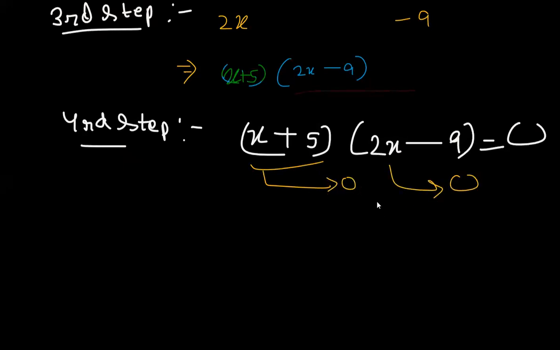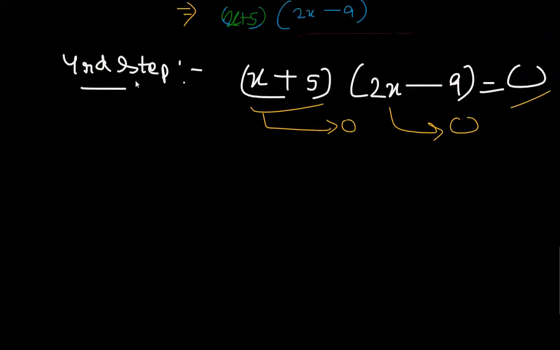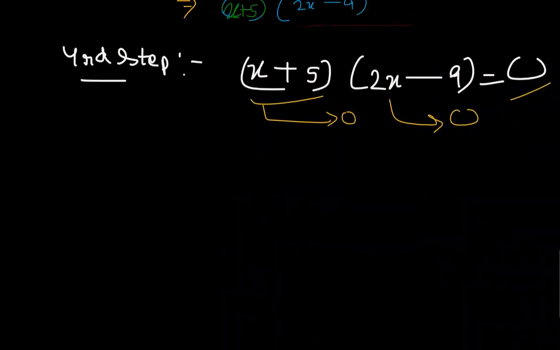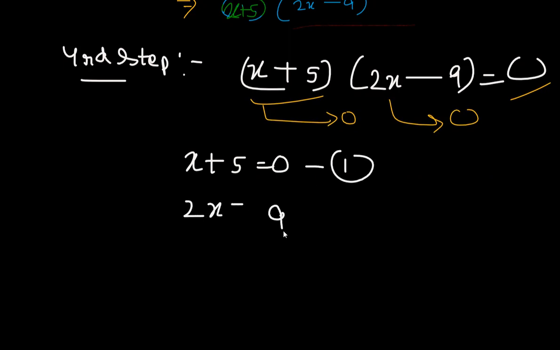So 0 into 0 will be equal to 0. Now it will be true. So we write x plus 5 is equal to 0, first equation, and 2x minus 9 is equal to 0, second equation. Now it is very easy. It's a linear equation.